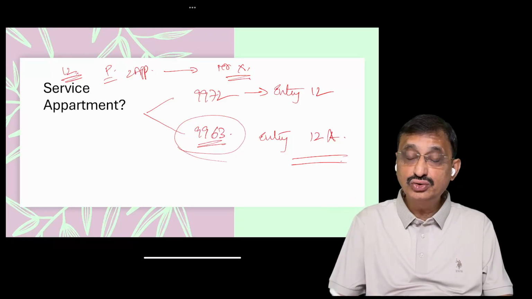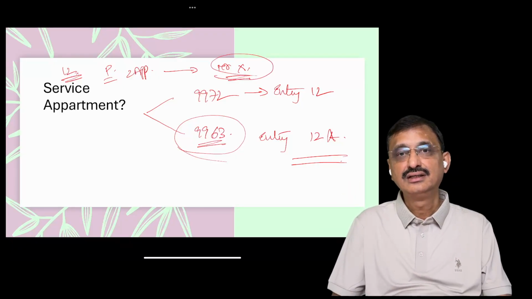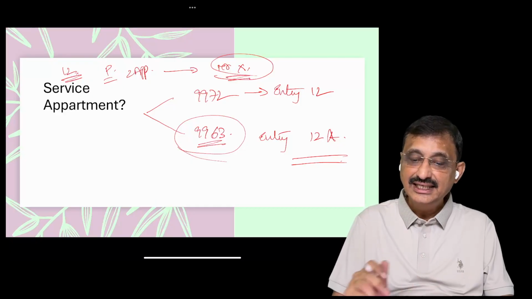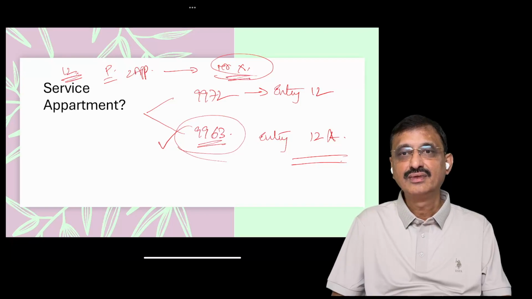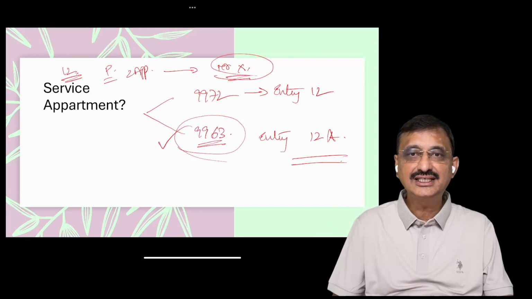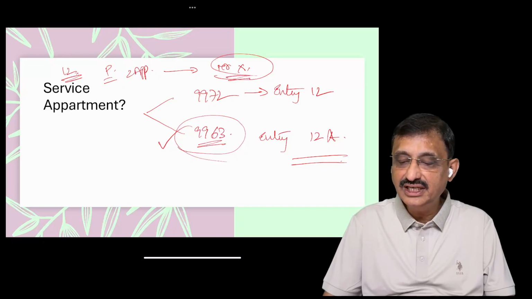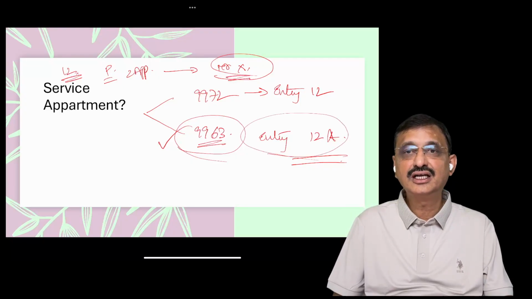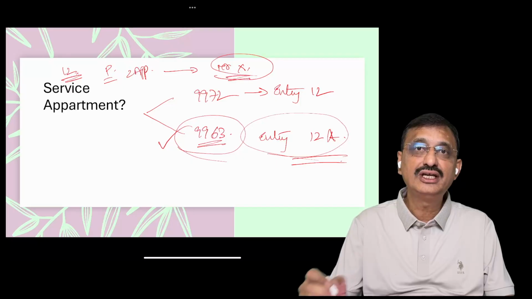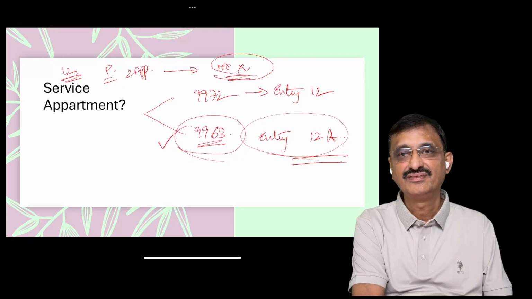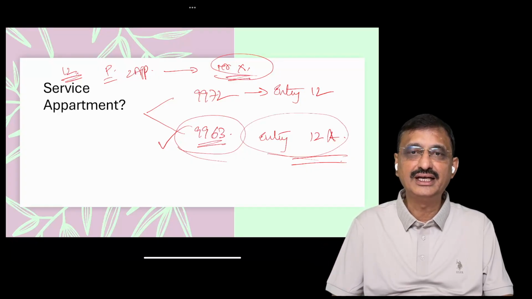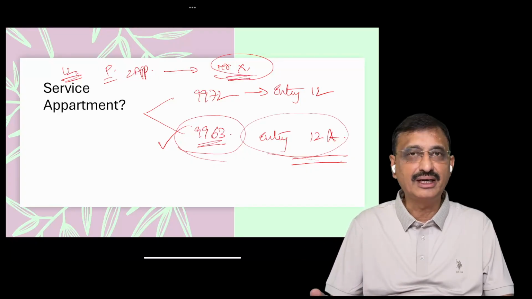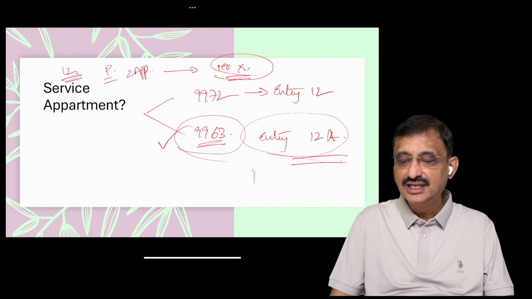But when it comes to Mr. X, he will definitely go into 9963 classification. He has to examine only if he gets an exemption under entry number 12A of the exemption notification. Else, the rent received by him by running that service apartment will be chargeable to GST under forward charge at the rate of 18%.